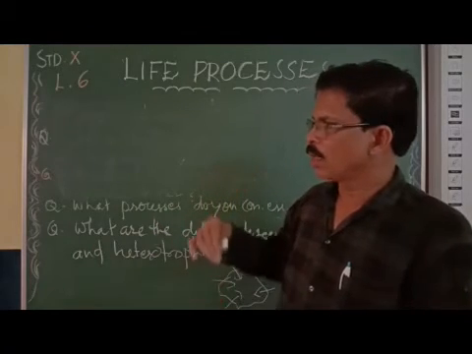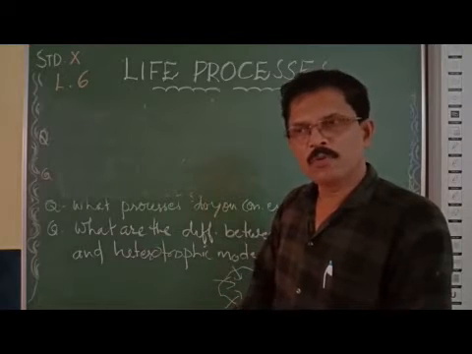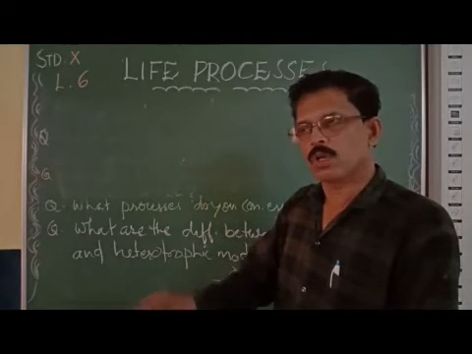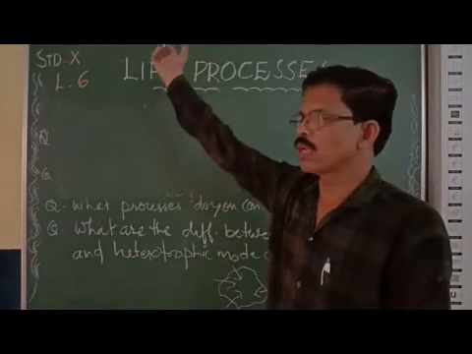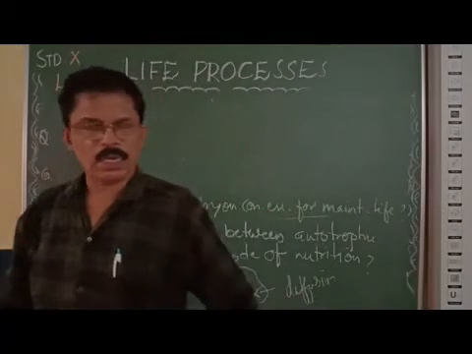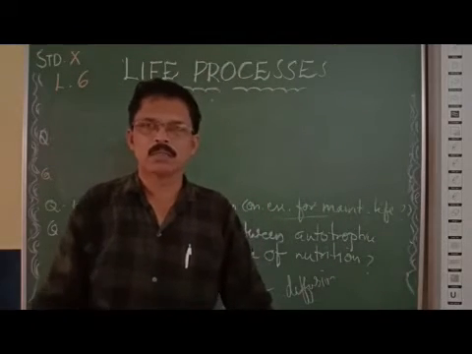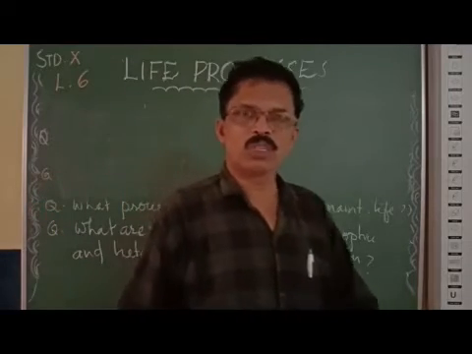Whereas heterotrophs do not synthesize food. They get the food directly from the plants or indirectly by feeding on other animals or other sources. Heterotrophs are animals and non-green plants like fungi and mushrooms. Mushrooms are fungi.